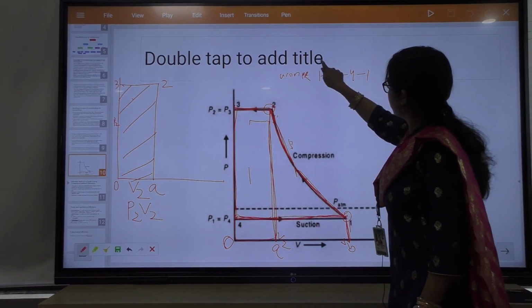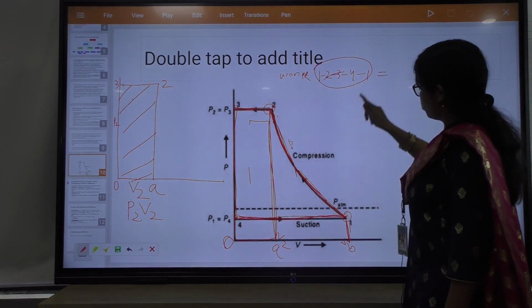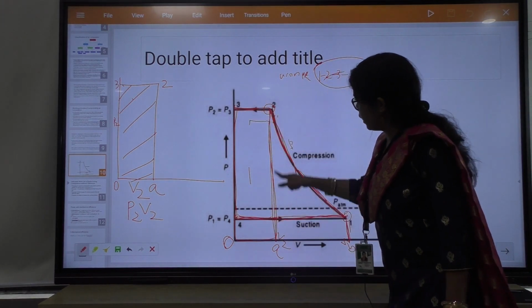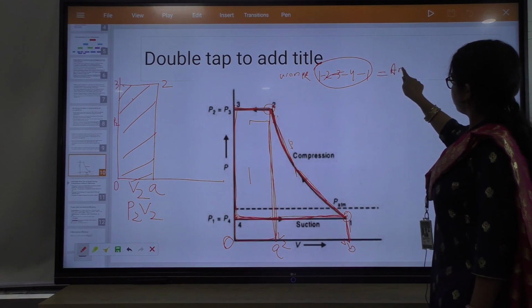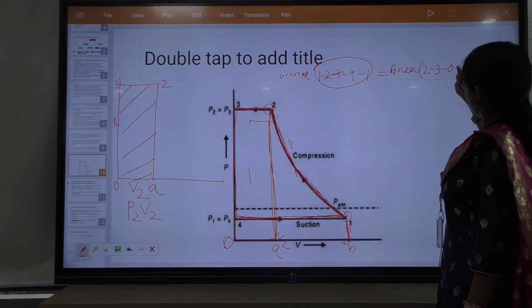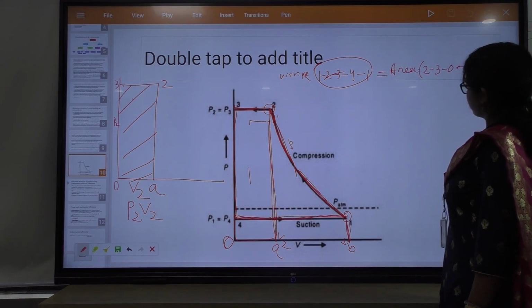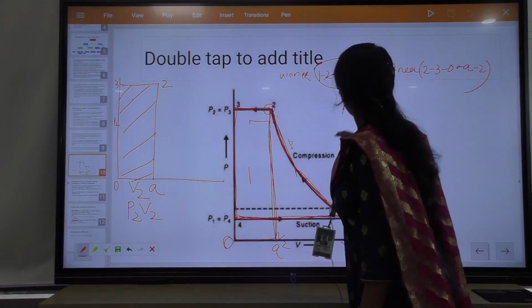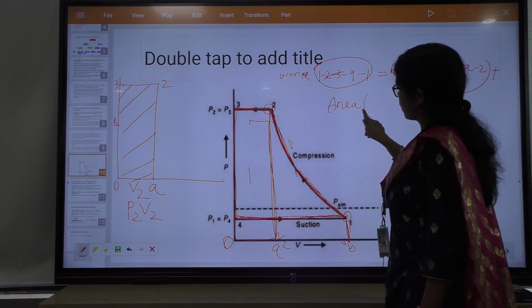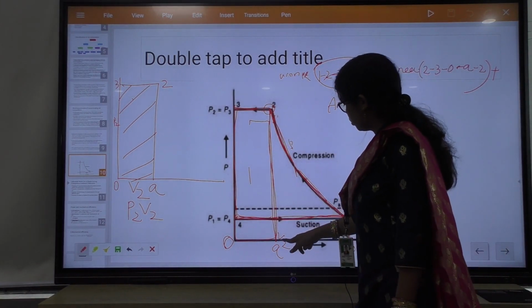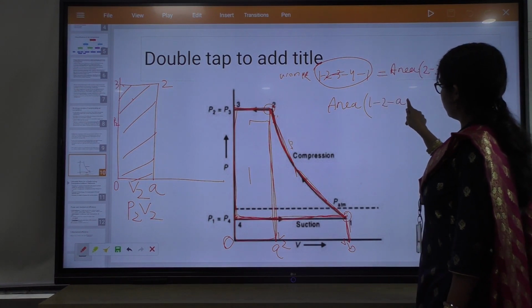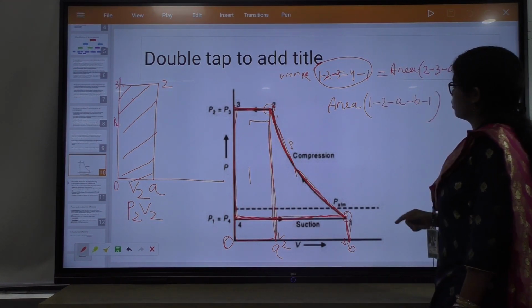To find out this amount of work, we have to do what? First, the area of 2, 3, O, A2, this amount, plus the area of 1, 2, A, B1. Okay.